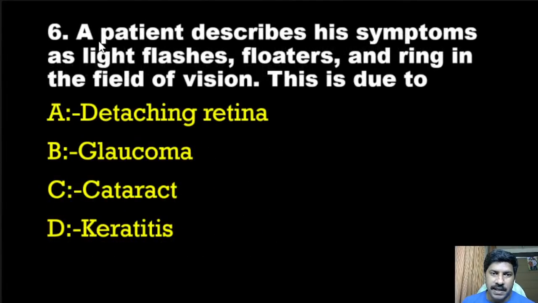Sixth question. A patient describes his symptoms as light flashes, floaters and rings in the field of vision. This is due to: detaching retina, glaucoma, cataract, keratitis.